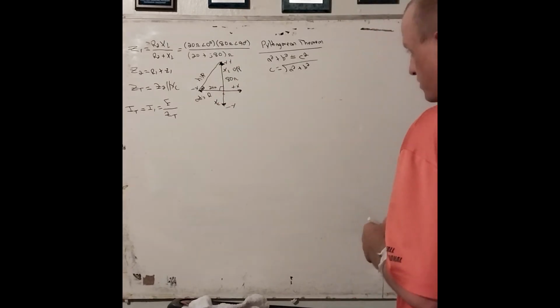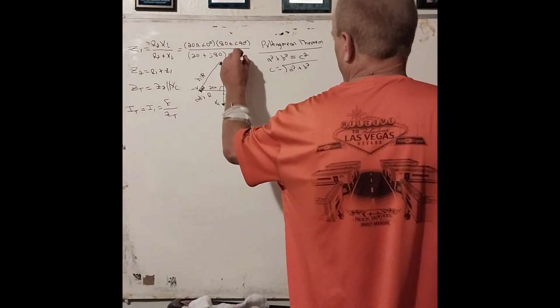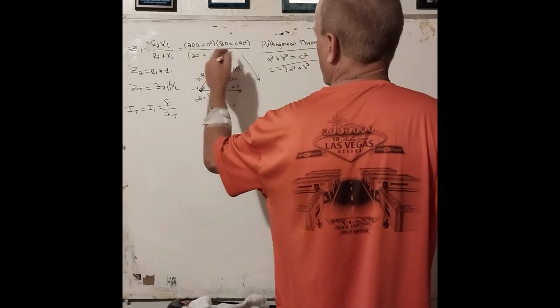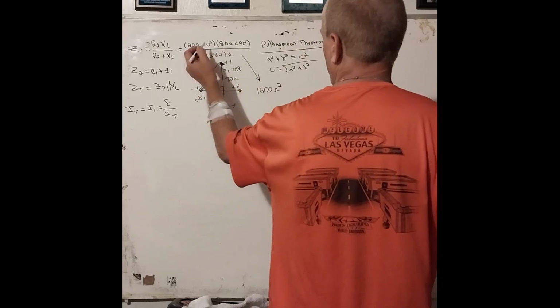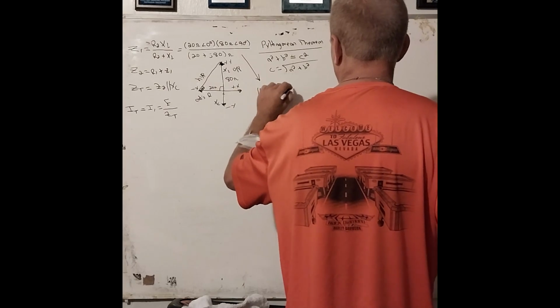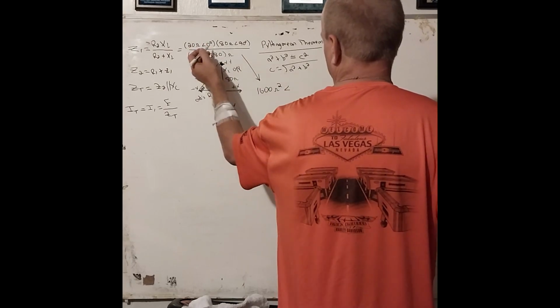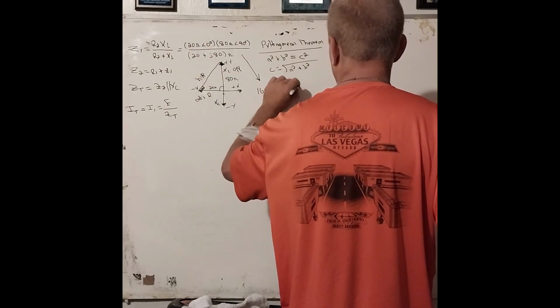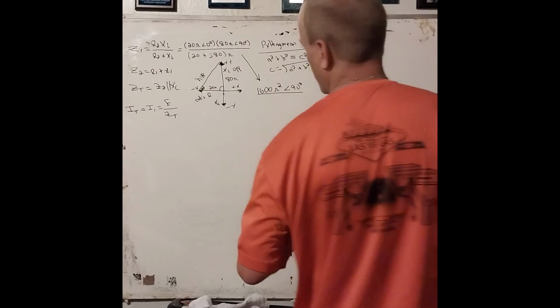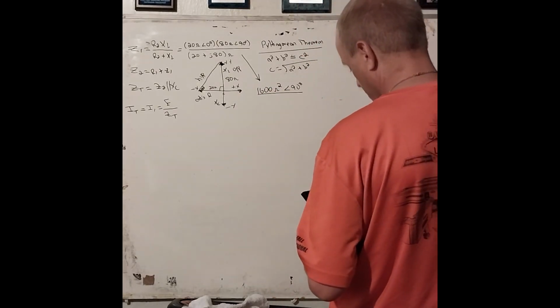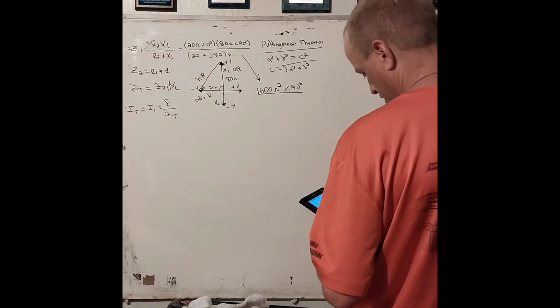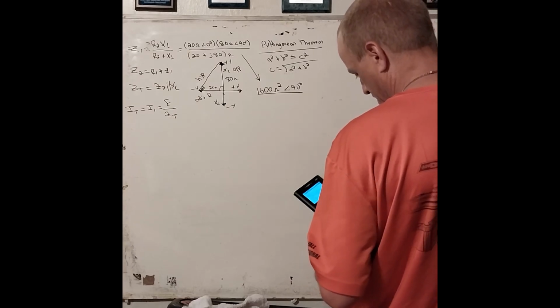So bring this here. This is 1600 ohms squared. Ohms times ohms is ohms squared, at an angle of 0 plus 90 degrees, which is 90 degrees, and this is going to be divided by the square root of 20 squared plus 80 squared.